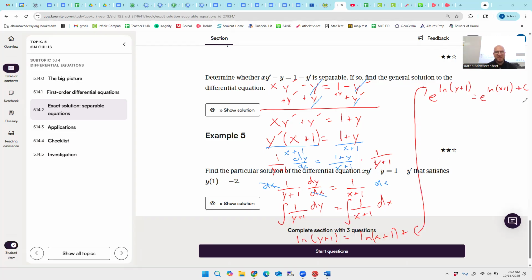So remember last year our rules of exponents said plus C means e to the C, which is just a constant. We brought it in front, called it A. And this is me just going, it's a constant. E to the ln y is y plus 1. E to the ln x is just x plus 1.